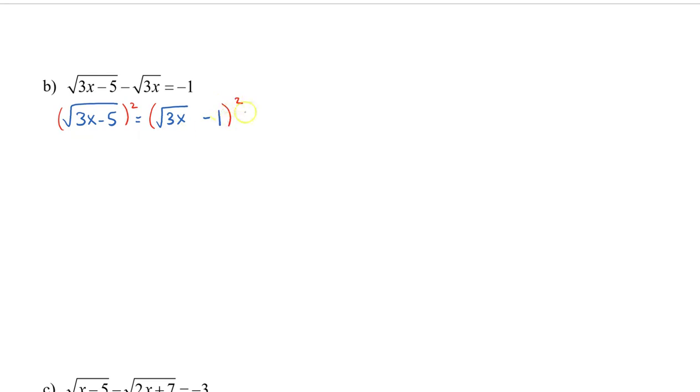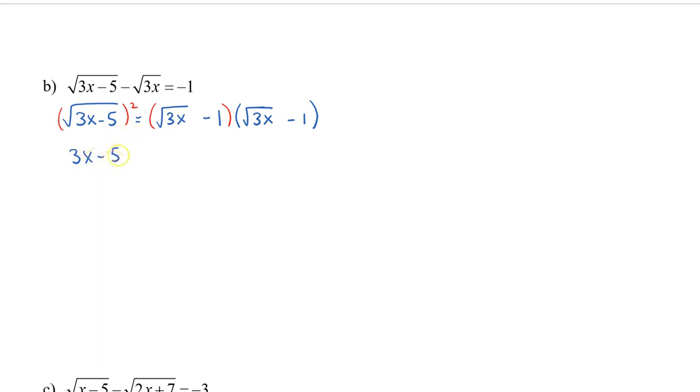Now, remember when I square the right side, I actually have to multiply it by itself because it's a binomial. So instead of just putting the squared, I'm going to erase the squared and rewrite this as another square root of 3x, and then minus 1. That will remind me that I need to distribute. On the left, the square root and the square cancel.